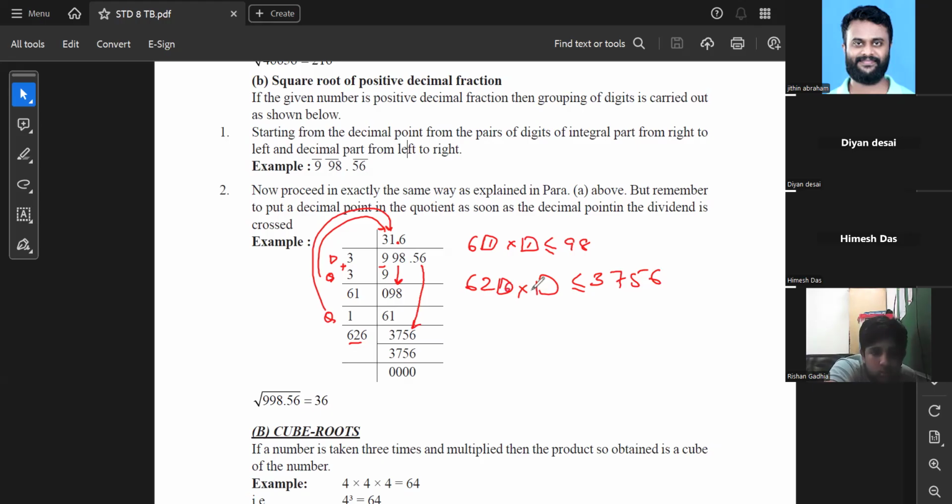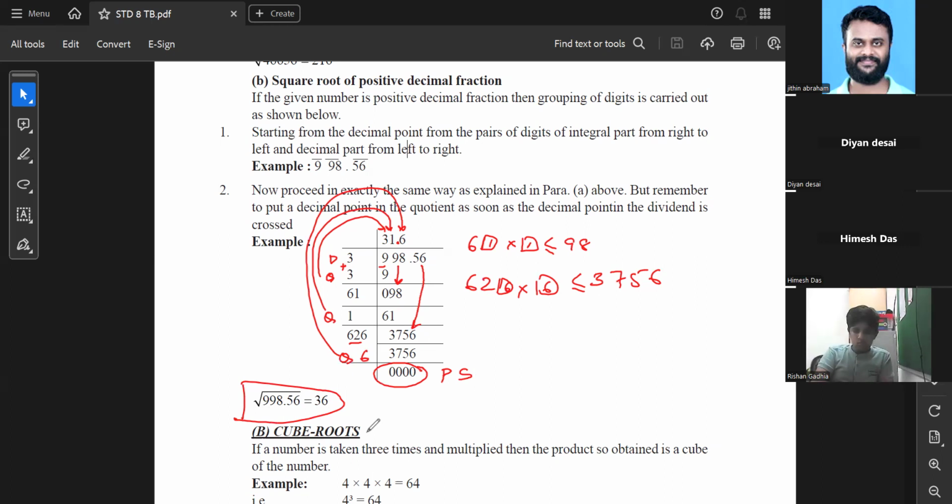Now 6 was a multiple जो दोनों जगह पे डालने से 626 multiplied by 6 आपको 3756 मिल जाता है, which is giving you a zero remainder, which means it's a perfect square. And hence, since the 6 number was added over here, the 6 goes as your next quotient, which comes after decimal point, obviously. Hence, for this particular number, the square root value is 36.